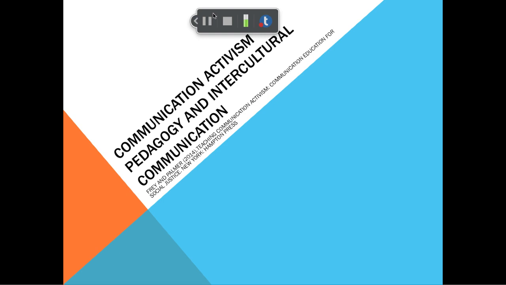So we're going to work in what we call communication activism pedagogy. And communication activism pedagogy uses communication in some way to enact social justice. And the book I brought this from is Frey and Palmer, 2014, Teaching Communication Activism, Communication Education for Social Justice.